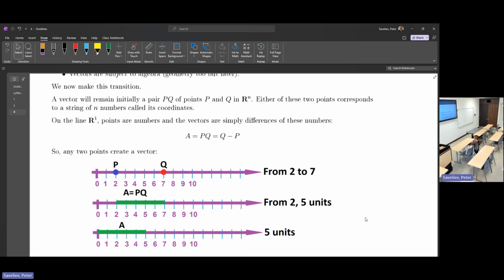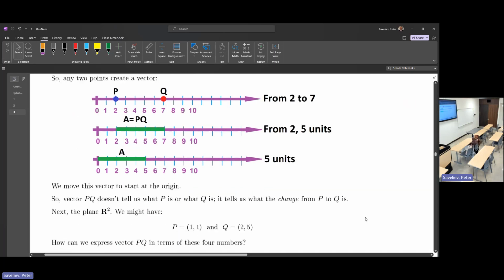Once again, that's what it means: you have 2 points, you create a segment between them, you call it PQ, and then you shift that segment to the origin. At that point you have a vector. So this A is a vector, and you just have 5 units in the positive direction.